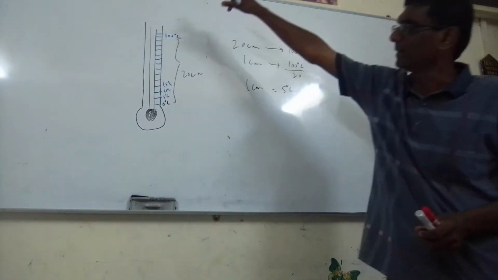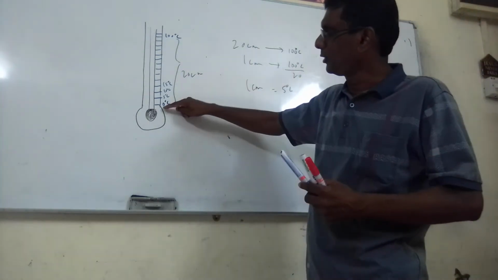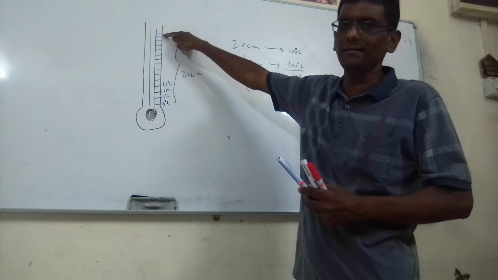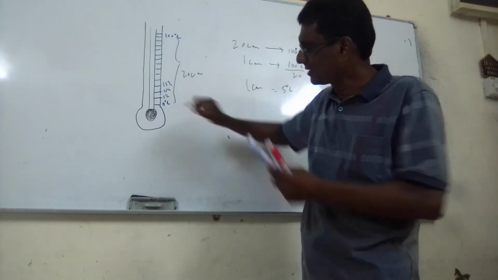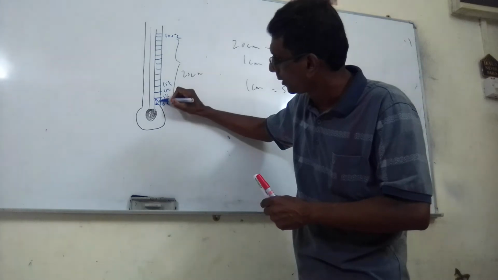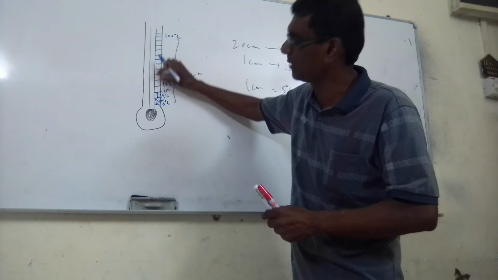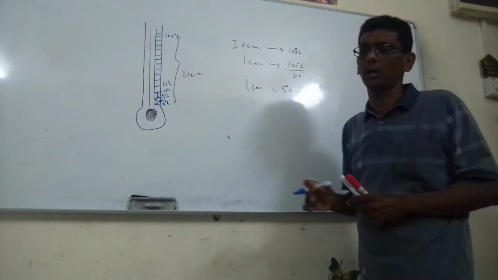So we calibrate and put scales from 0 degrees Celsius to 100 degrees Celsius, every 1 cm, until we get 100 degrees.